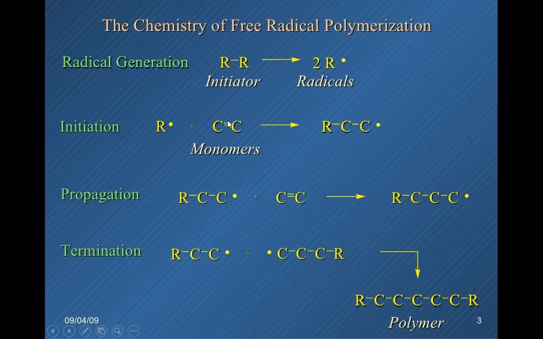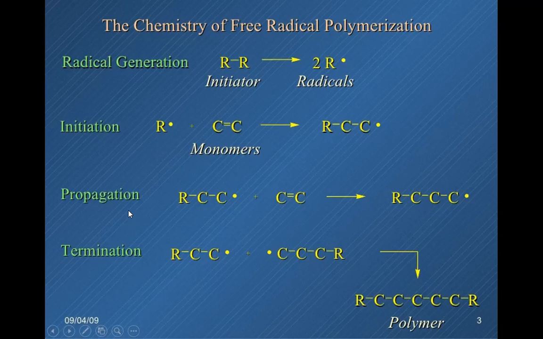The bond cleavage should take place on the pi bond, which is a homolytic cleavage. One electron is distributed to this carbon and another electron to the other carbon. The electron on this carbon gets bonded to the R radical and forms an R-C bond with a radical dot. This is the initiation step.